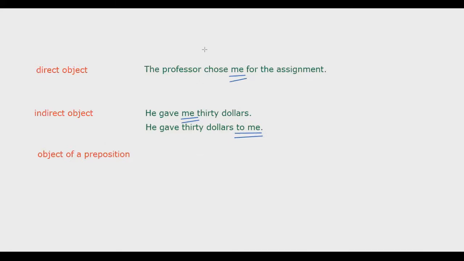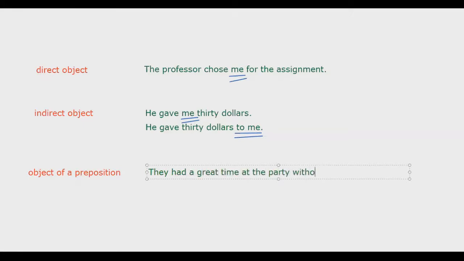And then there's the object of a preposition. They had a great time at the party without me. So here, this sentence actually doesn't have an indirect object. It has a direct object, a great time, but it doesn't have an indirect object.